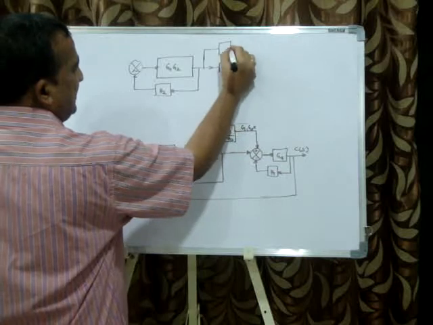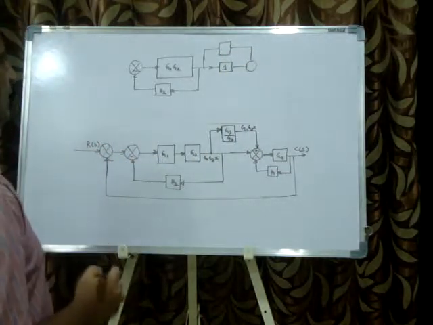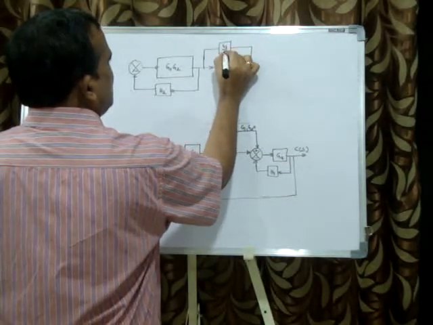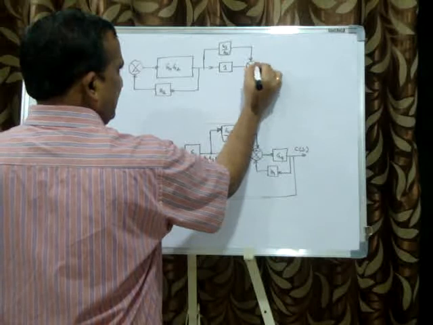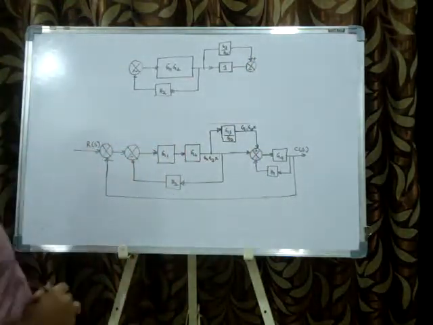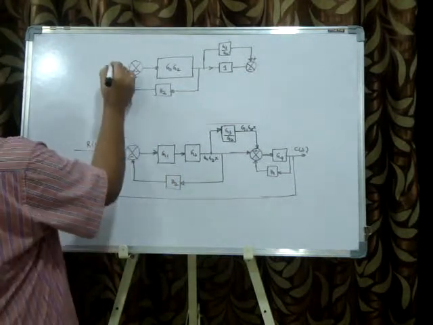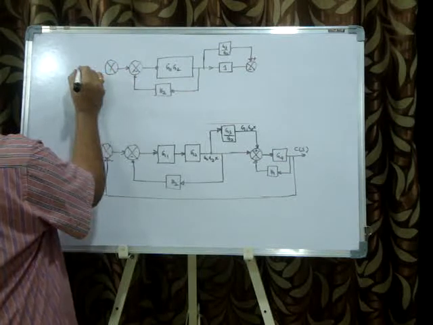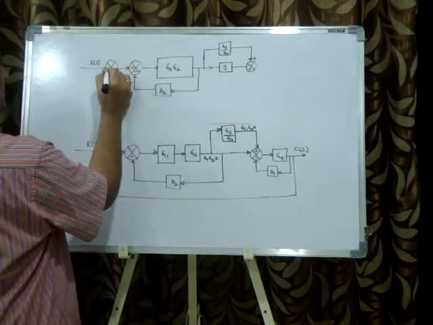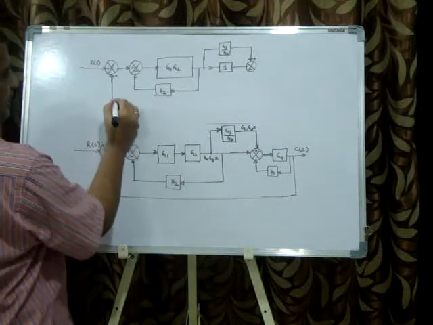Here nothing is there, 1, and here G3 divided by G2, and here there is a plus, here this is a minus, and here that is R of S, plus, and here minus.